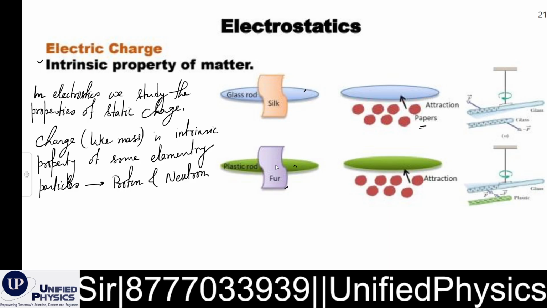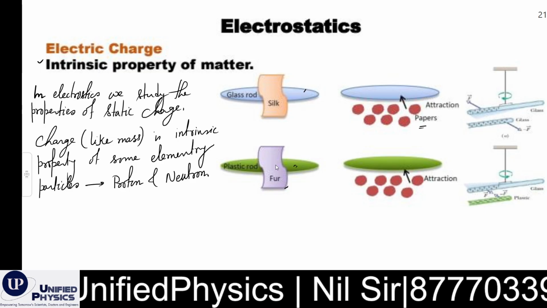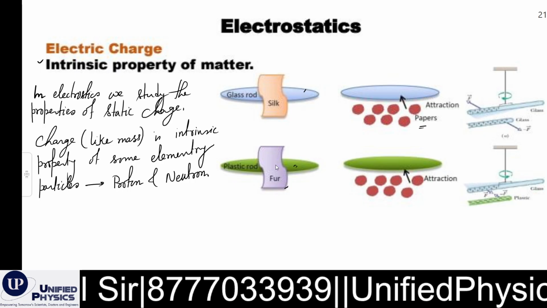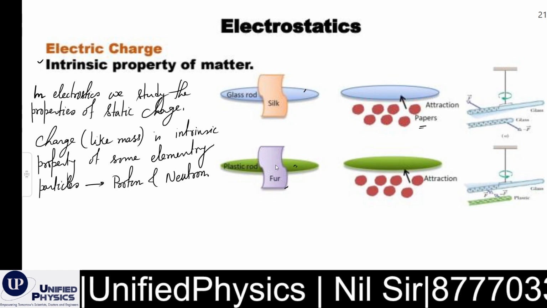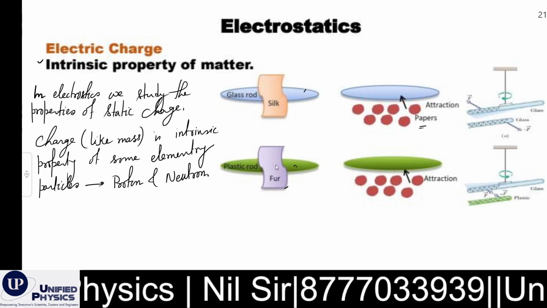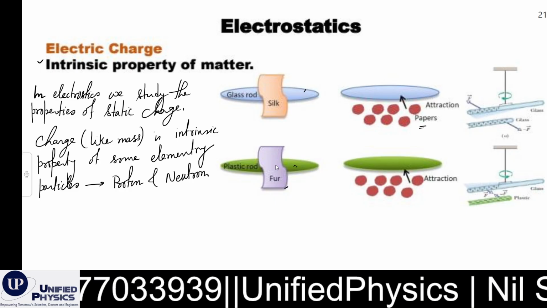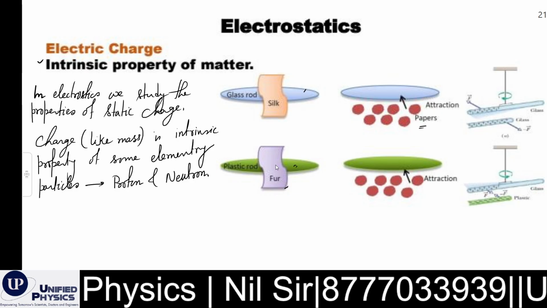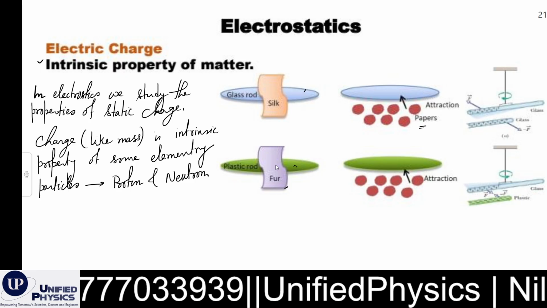So to identify the nature, we named one positive and the other negative. You can say positive charge as red charge and negative charge as blue charge. In this way, we can also define it. But conventionally, we name them positive charge and negative charge. So that's why we use positive and negative charge. That is the reason. The idea that the proton charge is greater than the electron charge is not true. Their nature is just different.